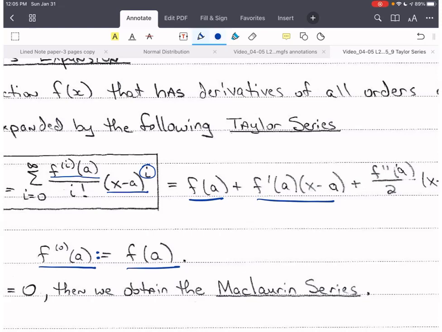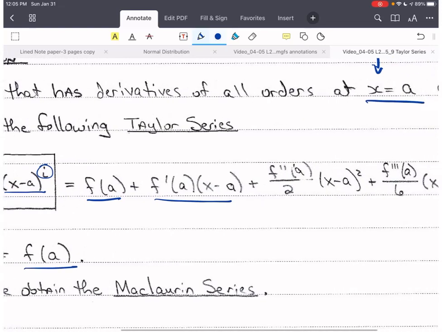Now, for the first two terms, you get f of a plus f prime of a times x minus a, and then we have more terms. When i equals 2, we have the second derivative, again at a, divided by 2 factorial, which is 2 times 1, which is 2.